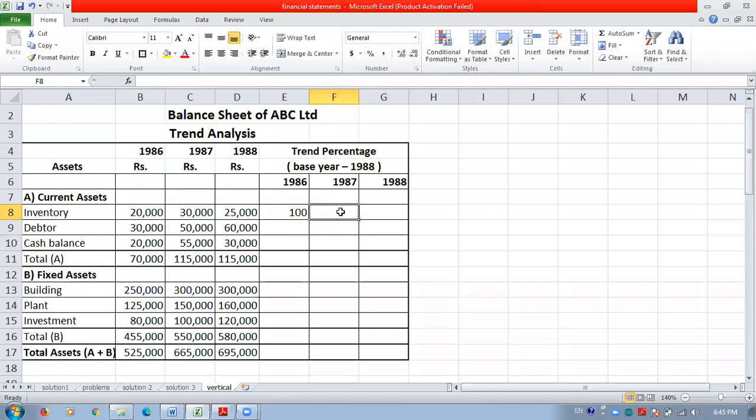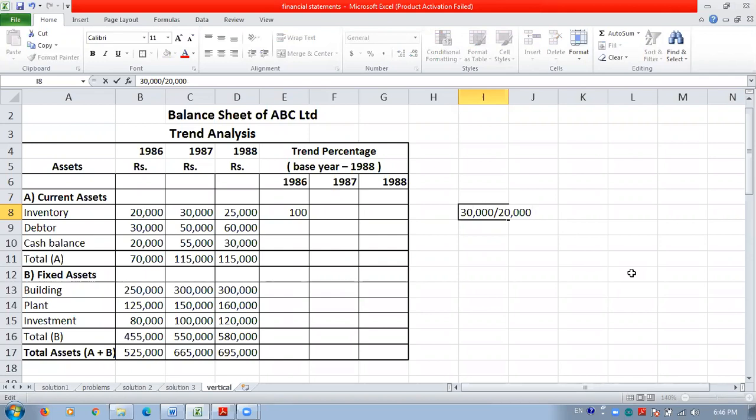We simply put the 1987 amount as the numerator, divided by the 1986 figure of 20,000. So that is 30,000 divided by the base year amount, which is 20,000.